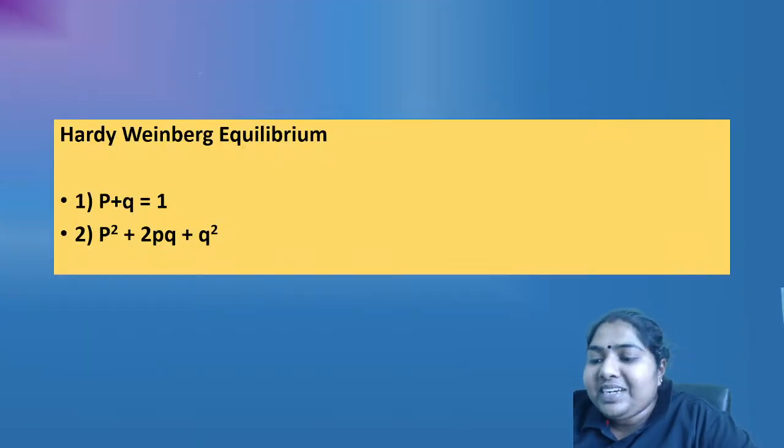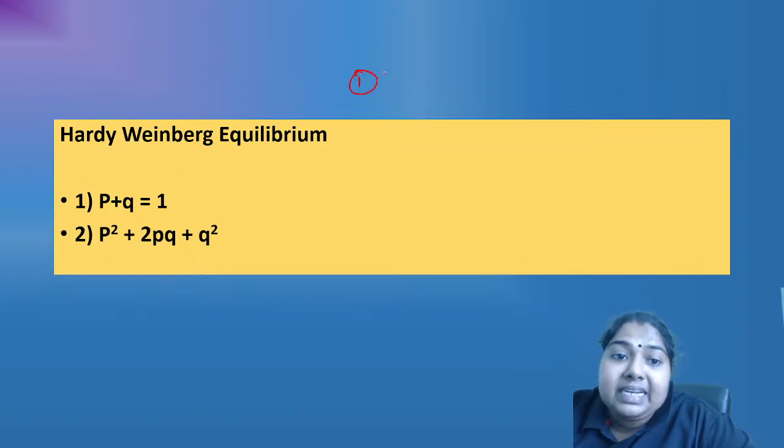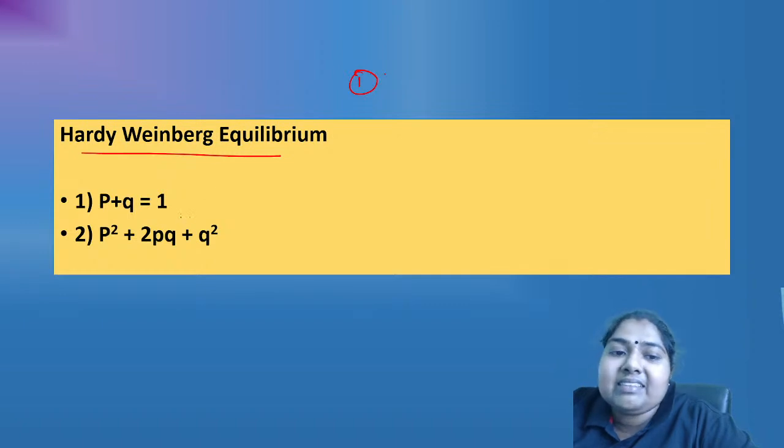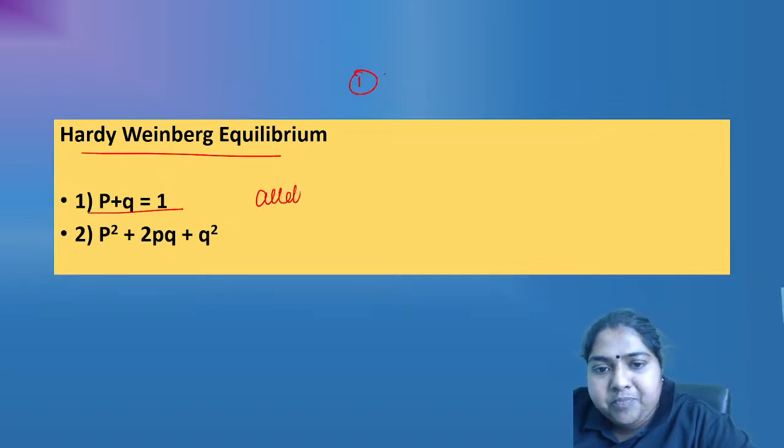So the first formula that we are going to see today is about the Hardy-Weinberg equilibrium. To begin with, I have put a simple formula, and it contains two parts. Number one, your routine formula, p plus q is equal to 1, is applicable for allelic frequency.